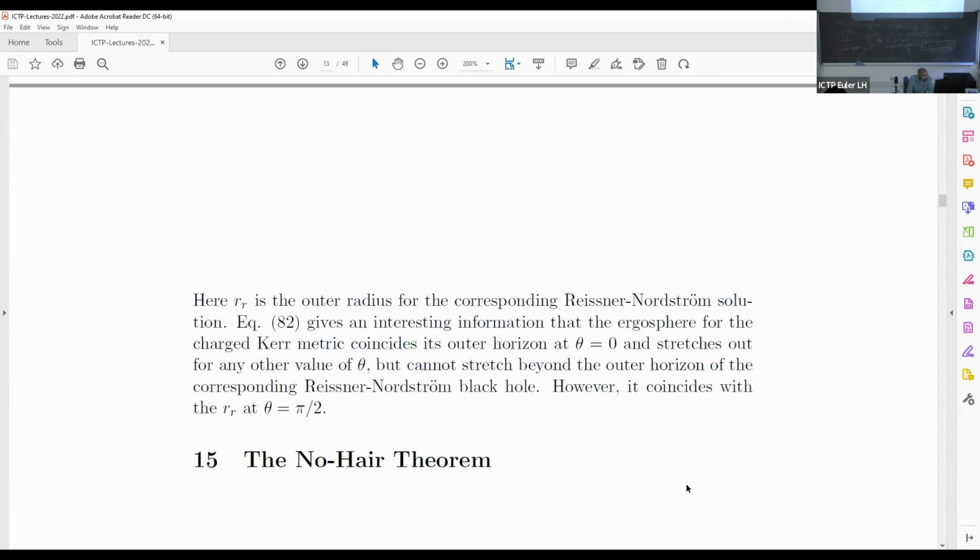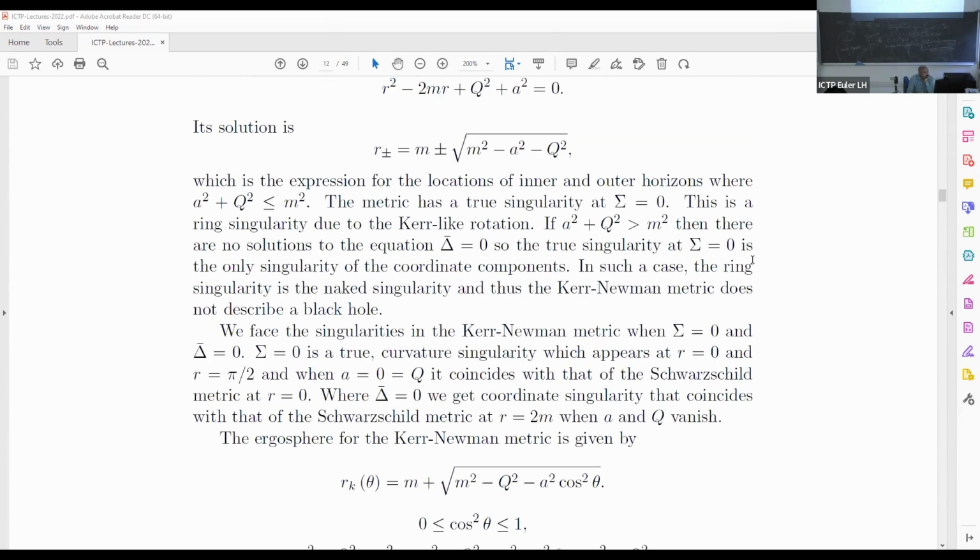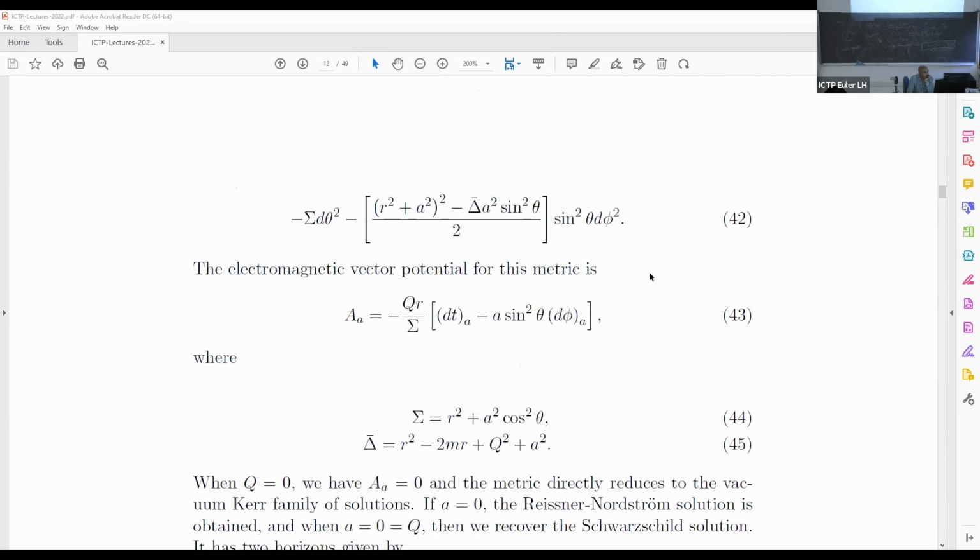There is a question. They're asking about the energy momentum tensor in these cases. Yes, the energy momentum tensor I've mentioned will come from this. This is the electromagnetic vector potential in equation 43.